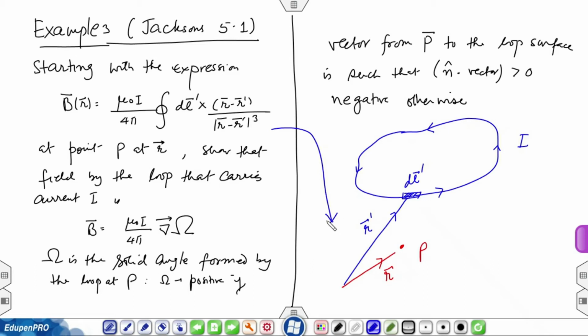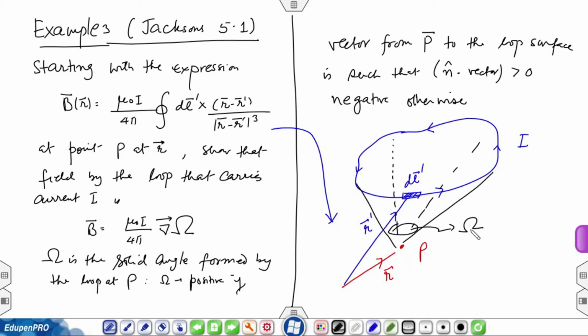Then this expression is related to the solid angle formed by this point P on this loop. So, let us make it like this. Now, this is a solid angle formed here, which is omega.